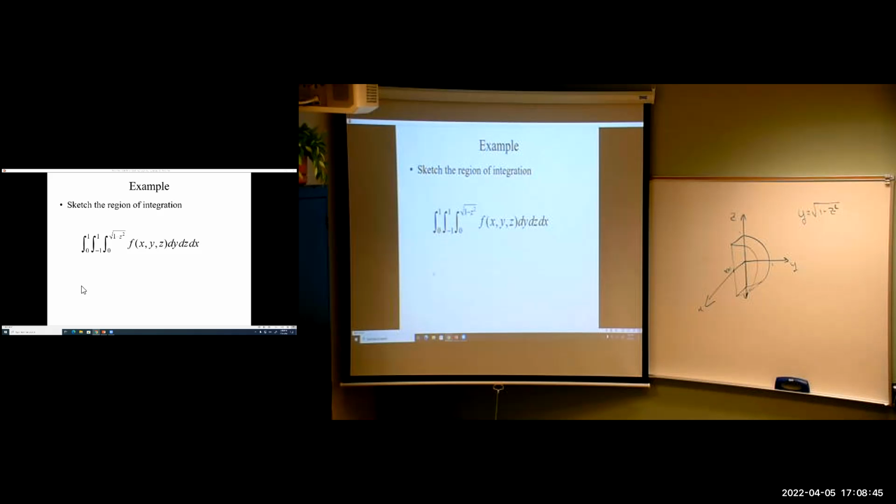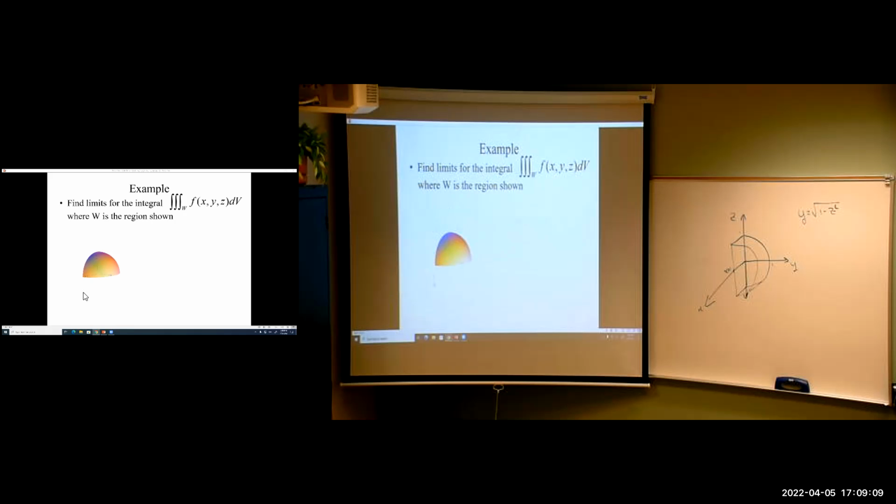Okay. So one thing we need to be able to do is draw the region given the limits. Now, from a practical standpoint, we're not going to do that a lot. What that does, though, is help us to visualize what's going on, the relationship between the region and the limits. Because more often than not, we're going to be going from the region to the limits, which is what we'll do in this next example.